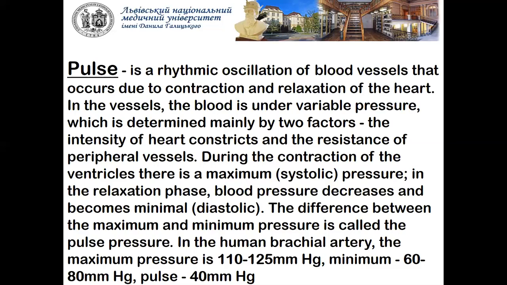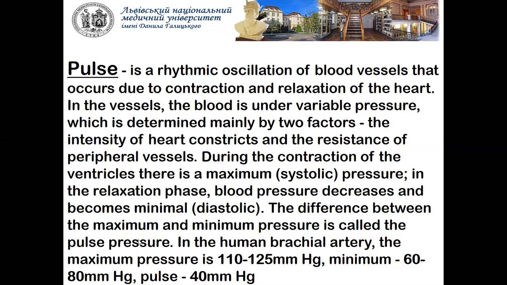Like I said previously, the maximum contraction, the contraction of the atria and ventricles, gives the systolic pressure. At maximum relaxation, blood pressure decreases and becomes minimal. This is the diastolic pressure. The difference between the maximum and minimum pressure, systolic and diastolic, is called the pulse pressure.